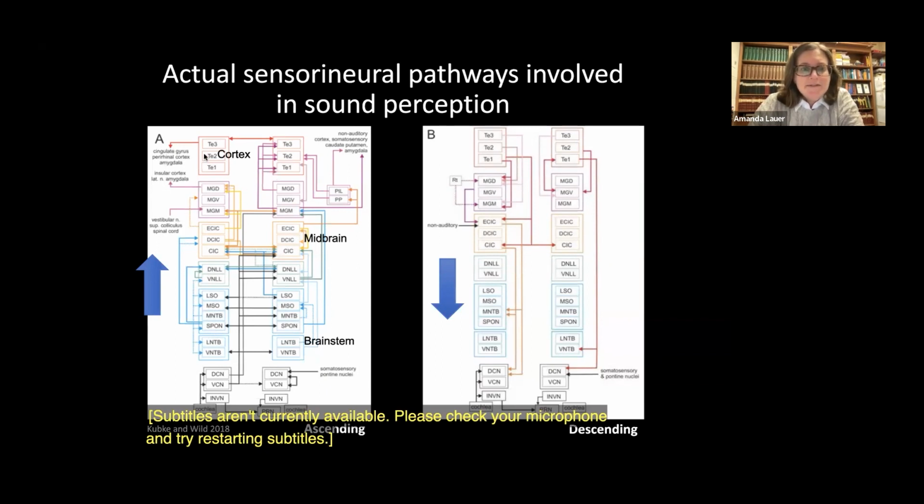And even some non-primary, non-auditory areas that are providing input to the auditory system or receiving input from the auditory system. And then, of course, there are descending pathways, which are really not as well understood as the ascending pathways, but probably almost equally as complicated, and going all the way from the cortex to the inner ear.